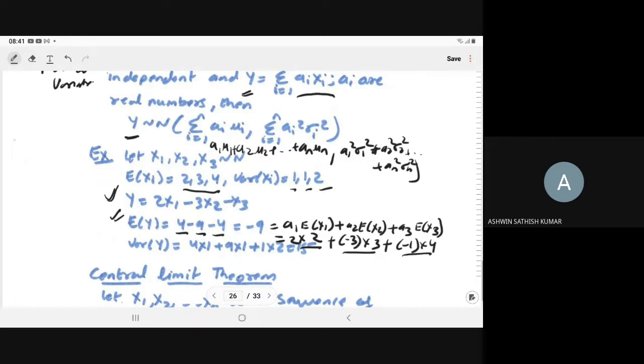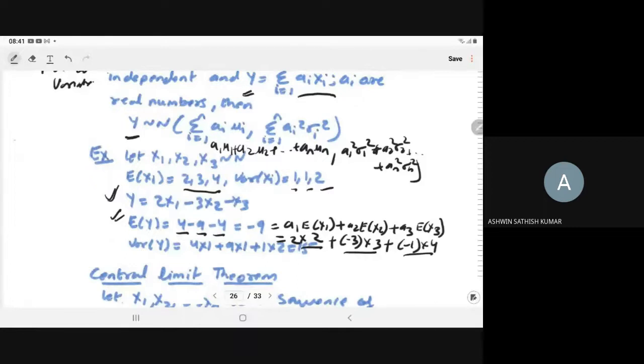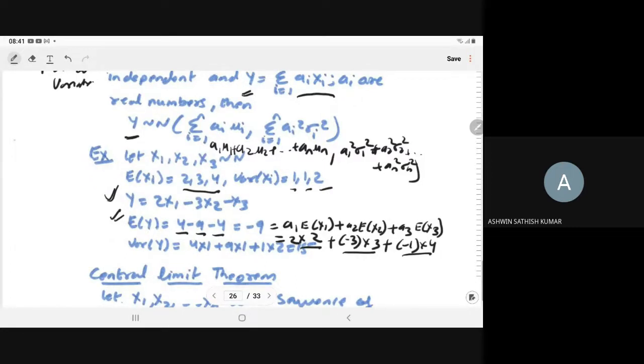Similarly, the variance of y is a1 square variance of x1 plus a2 square variance of x2 plus a3 square variance of x3.